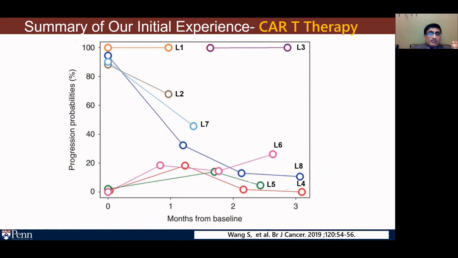Out of these 10 patients, 4 did not undergo any surgery, and 6 underwent surgery at different time points. Of these 6 patients, we had 8 different lesions. This slide shows the 8 different lesions at the different follow-up time points, and we used the PP value to determine the diagnosis.